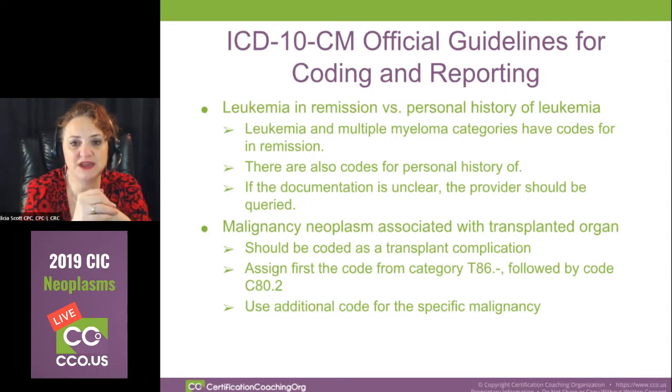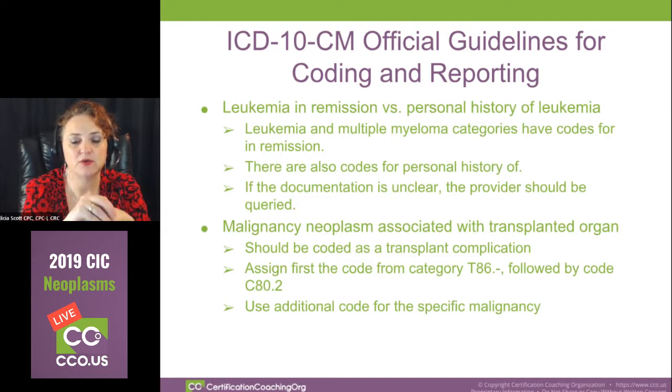Leukemia and multiple myeloma categories have a code for remission, stating the patient is in remission. There is not a code for history of leukemia. Sometimes the documentation is a little hard to follow, so that's where you query the provider to find out: is this leukemia in remission or active treatment?